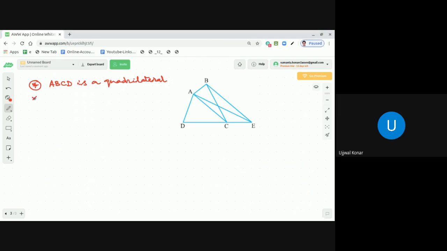The next statement is that BE is parallel to AC. Also, BE meets DC produced at E, as you see in the adjoining diagram.